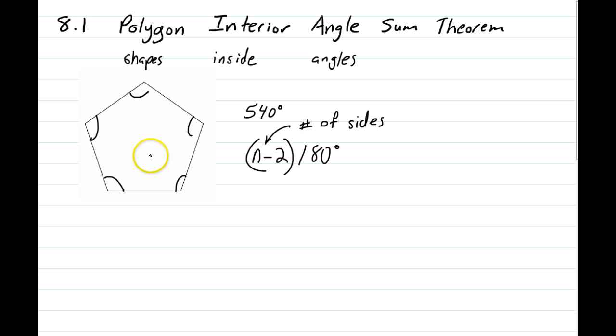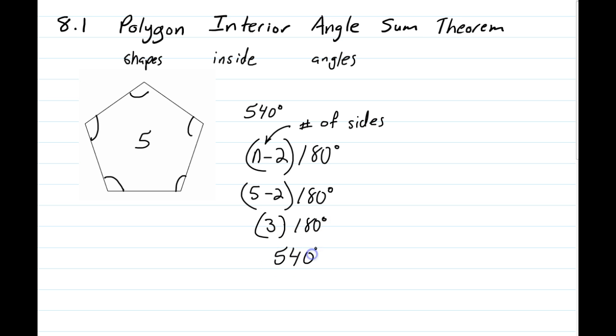Here we have a pentagon, which has 5 sides, so it would just be 5 minus 2 times 180 degrees. So 3 times 180 degrees is equal to 540 degrees. So the inside angles of a pentagon add to 540 degrees.